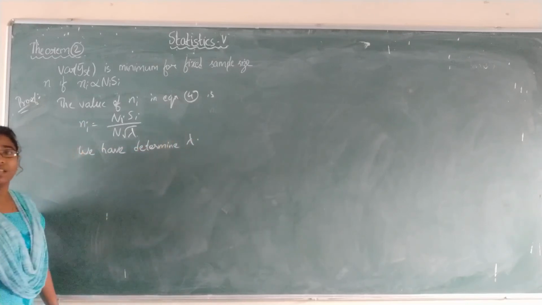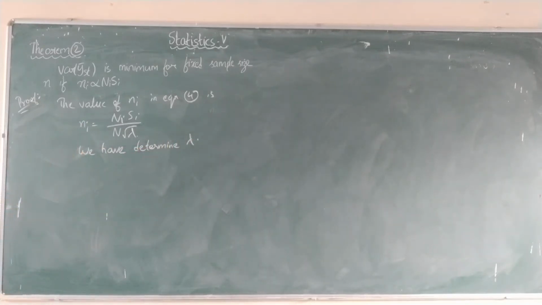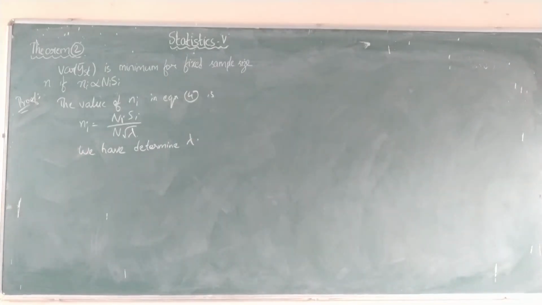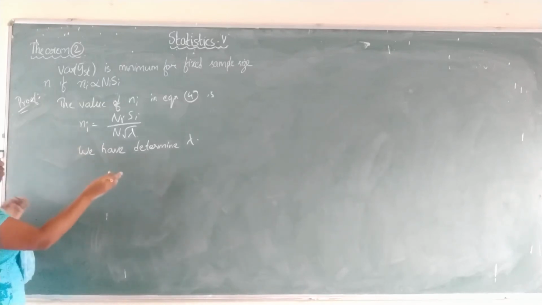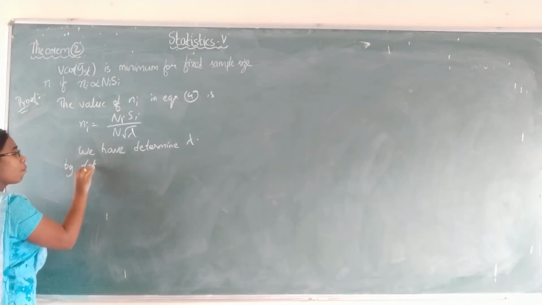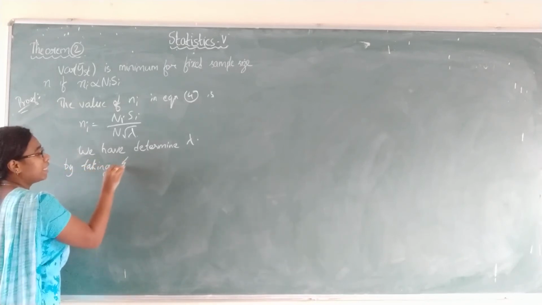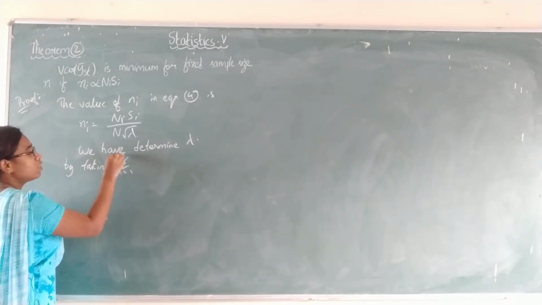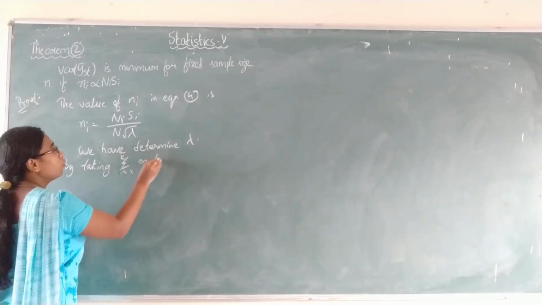For determining this lambda, we will consider the summation on both sides. We determine this lambda by taking the summation over i equals 1 to k on both sides.